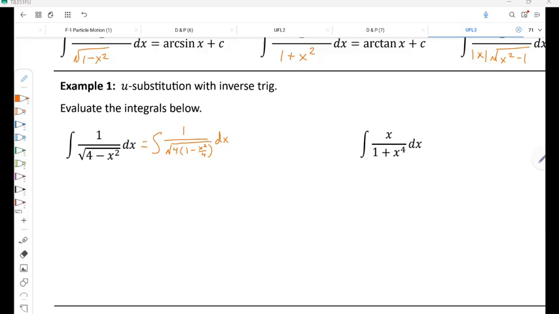You have the square root of two things being multiplied against each other. You are allowed to break that up into two separate square roots. So I have the square root of 4 times the square root of 1 minus x squared over 4 in my denominator, which means that I can make that square root of 4 a 2 and bring it out in front of the integral.